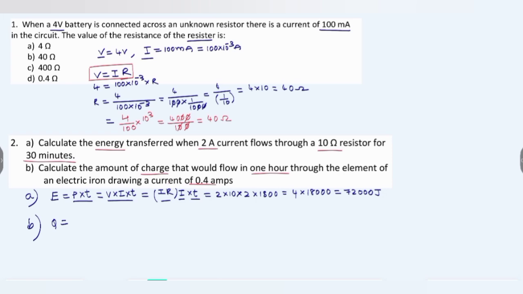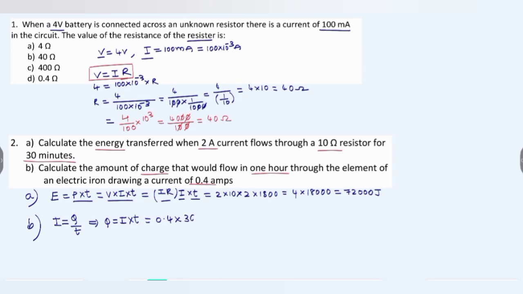Here we know the first formula only: I is equal to Q by T. From this we can write Q is equal to I into T. I is given as 0.4 amperes, and time is given as 1 hour. Again 1 hour should be changed into seconds. You remember 1 hour is equal to 3600 seconds, 60 into 60.